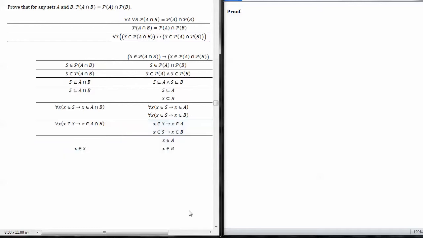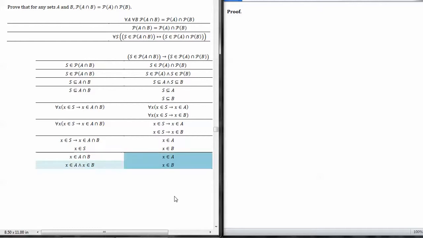And then we have these two consequents as our new goals. And we can do a universal instantiation to get this statement for the particular X that we're dealing with here, which is good. And then we have modus ponens, from which we can conclude that X is in A intersect B. And that gets us our goal, because that means X is in A and X is in B. And that's what we wanted.